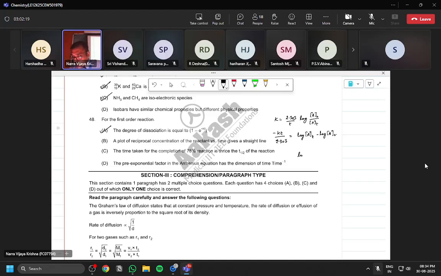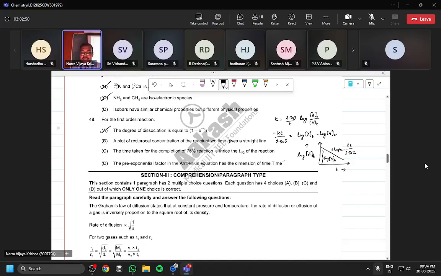If I plot a graph of log At versus t, the intercept is log A naught and the slope is negative, minus k upon 2.303. Correct? Then only you will get a straight line.